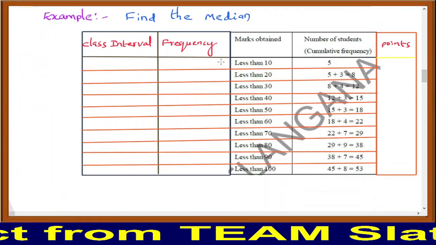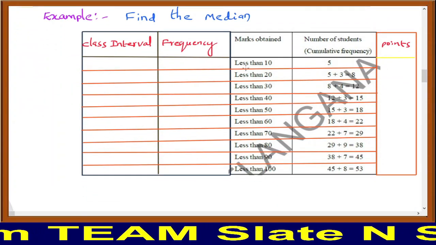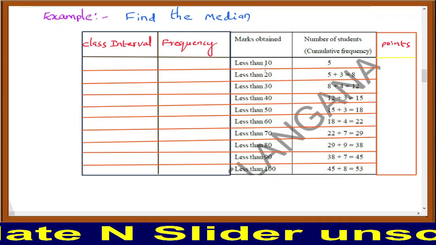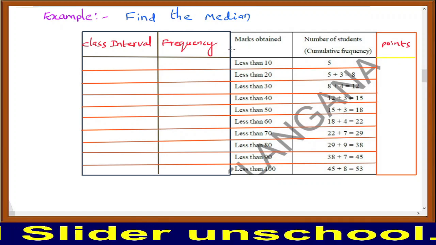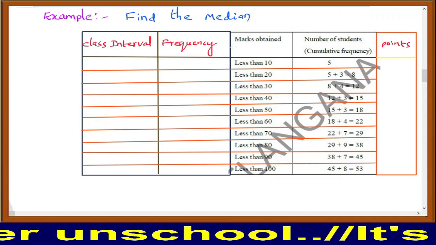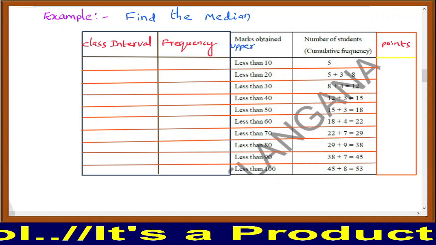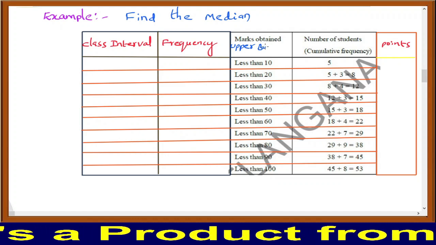So in our new question, just observe, less than or below, two words give the same meaning. So here we got less than 10, that means this will be upper boundary. So in the place of marks up to 10 we can write upper boundary, no problem.